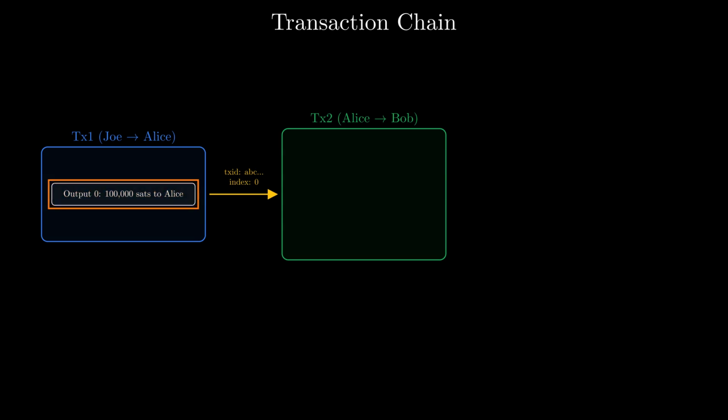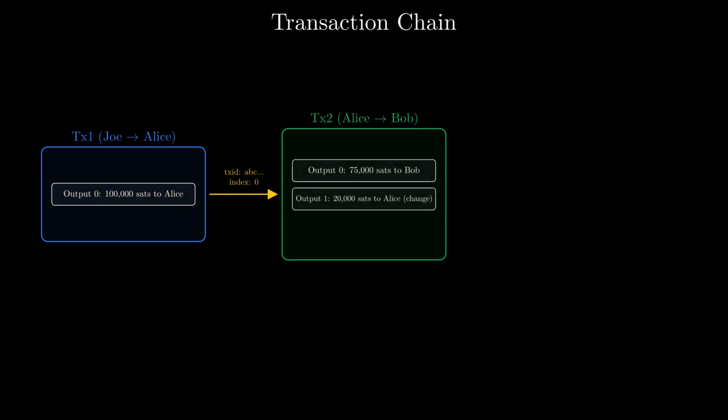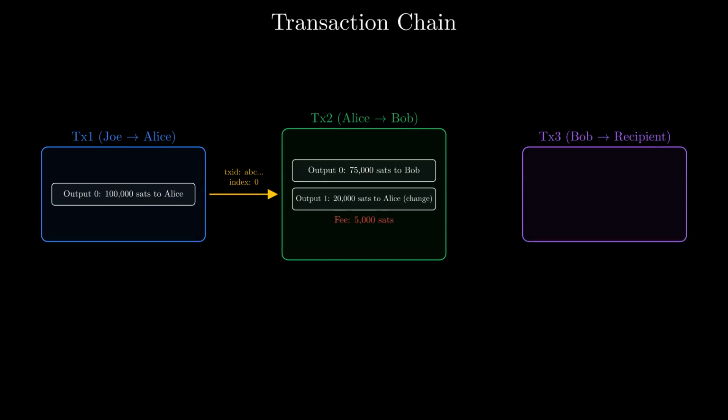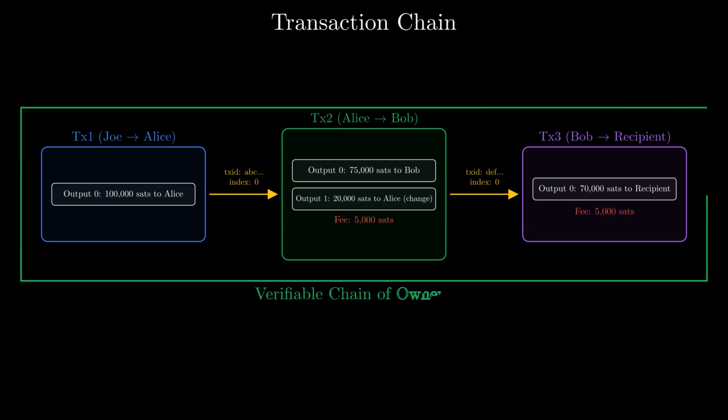That's the 100,000 sats Joe sent her. Now Bob holds 75,000 sats. He creates transaction 3, one input referencing transaction 2, output index 0, one output of 70,000 sats to a recipient, 5,000 sat fee. 3 transactions linked into a verifiable chain of ownership.